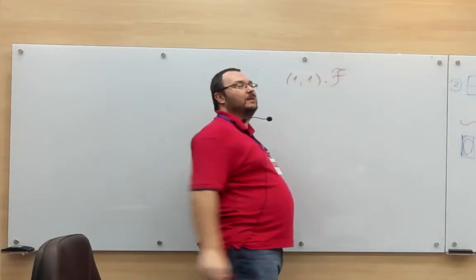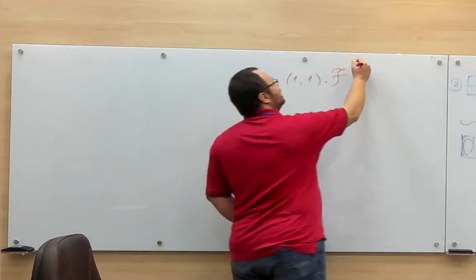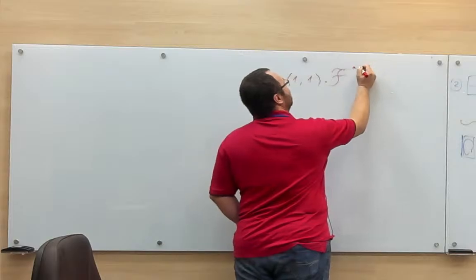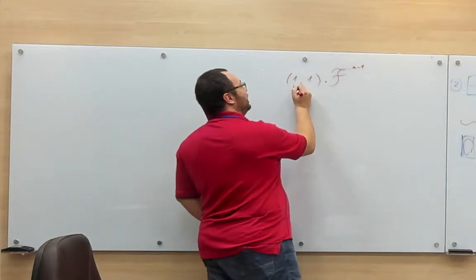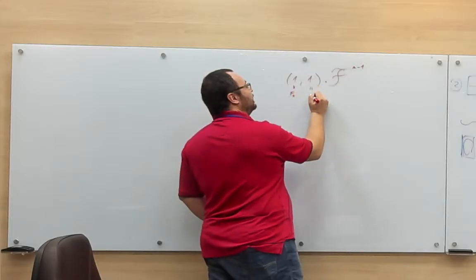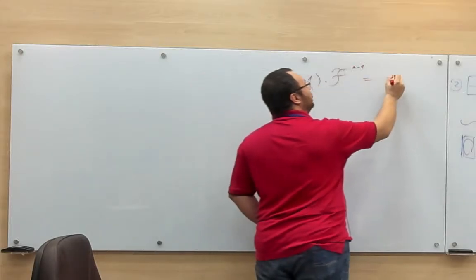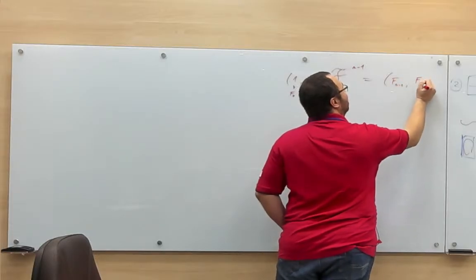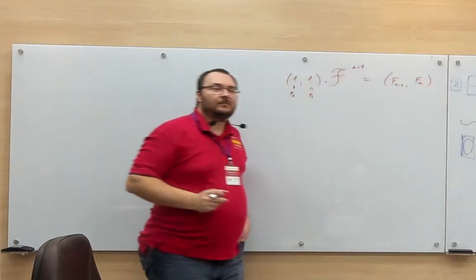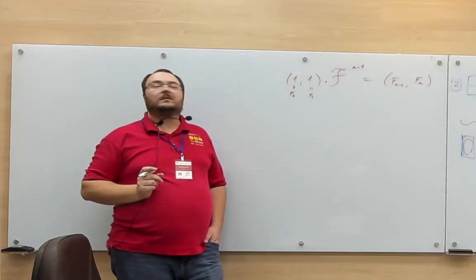If we multiply again, we get 3 and 5. And in general, if we multiply it by the matrix to the power of n minus 1, then from this value, which was f0, and this value, which was f1, we will get the vector fn minus 1 and fn.